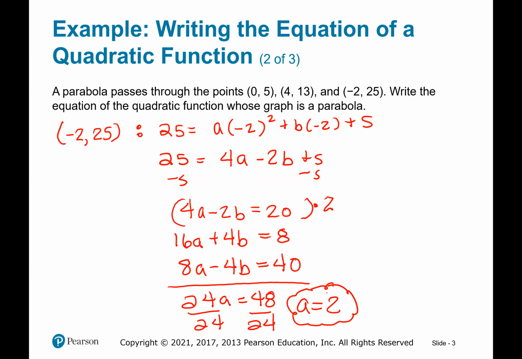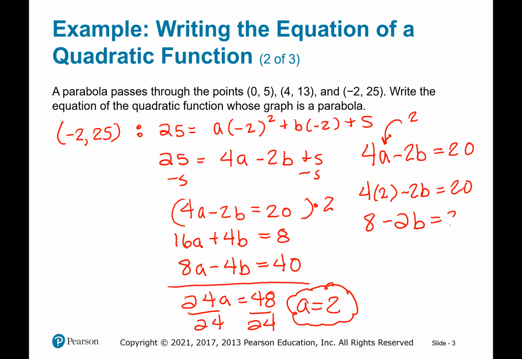The constant is 5. So what's B? Pick one of your equations. Doesn't matter which one, so let's pick this one. 4A minus 2B is 20, and plug in 2 right there. So we get 8 minus 2B is 20.